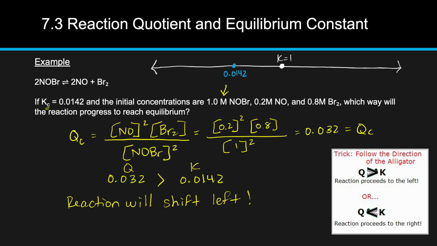So in relation to this, when we go ahead and plot our Q, we can see it's slightly greater than our K. So it's somewhere around here, 0.032. So since it is more right on the number line, we're going to have to shift left in order to reach equilibrium.